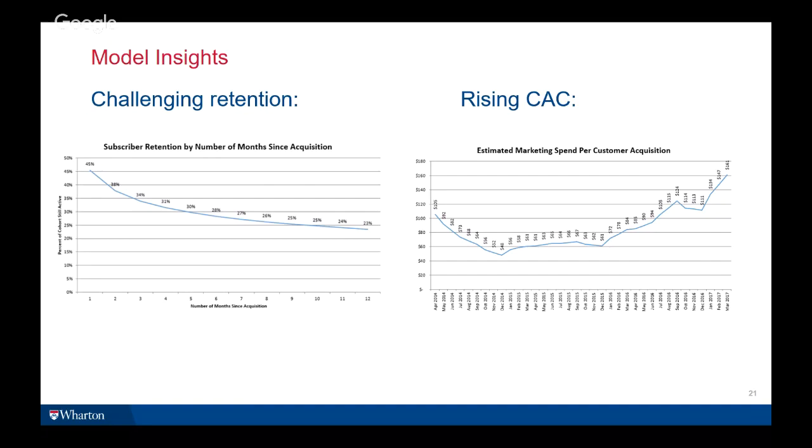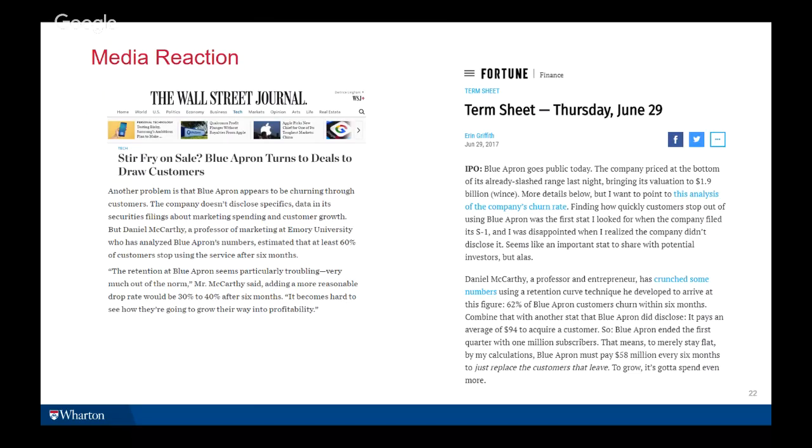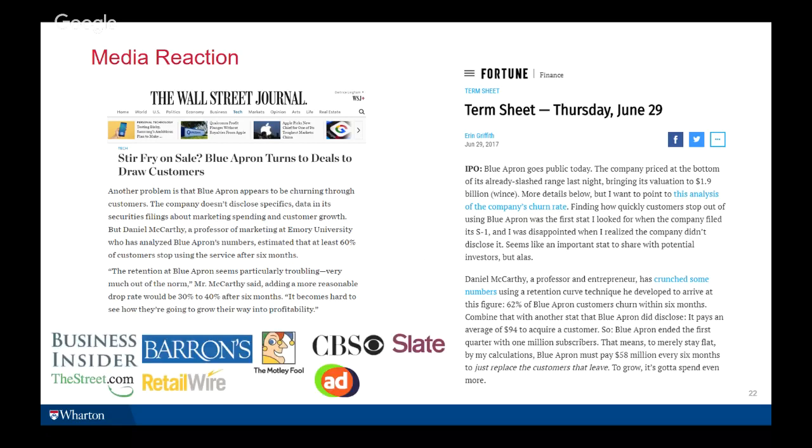So what was the media's reaction? Well, it seemed that the media was really quite interested. I've never had a post go viral before, but these posts went viral. There were a couple of Wall Street Journal articles. This was featured in Fortune's Term Sheet by Aaron Griffith, and about a dozen other media outlets, including a few pieces in the Business Insider, Slate, Barron's, and so on and so forth.